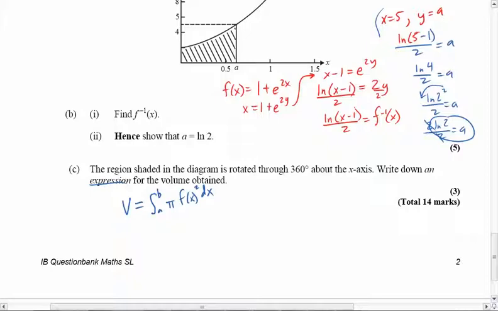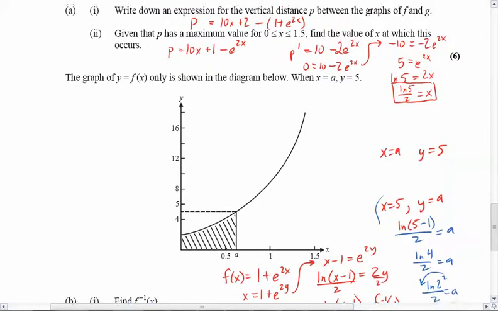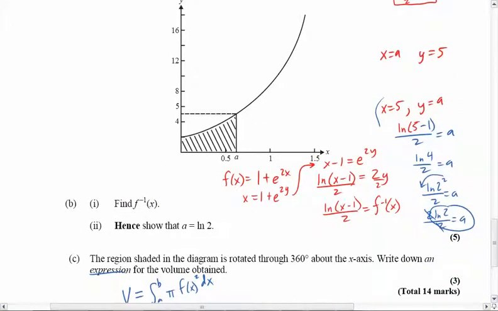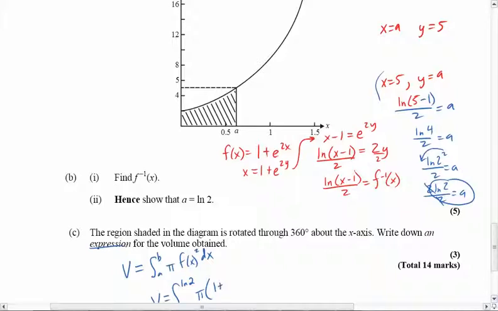So the shaded region goes from 0 to a, and we just showed that a was natural log of 2. So volume equals the integral from 0 to the natural log of 2 of pi times the function. So this function, remember, was 1 plus e to the 2x, squared, and then dx.